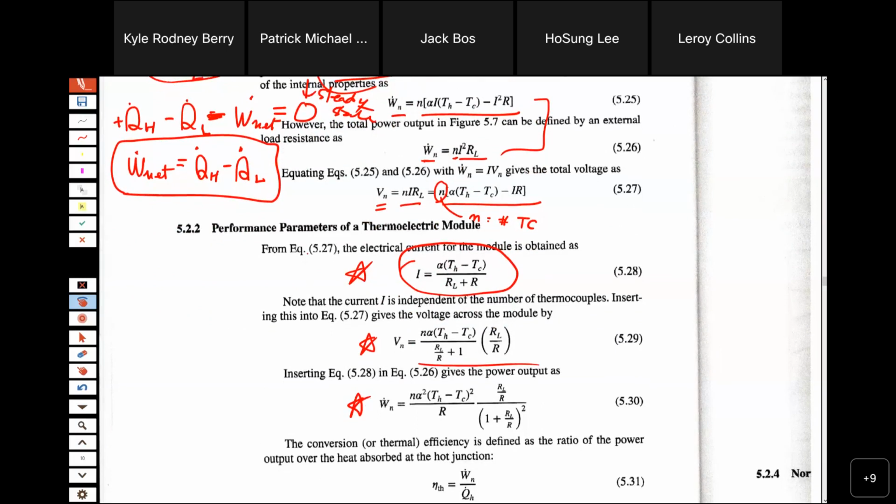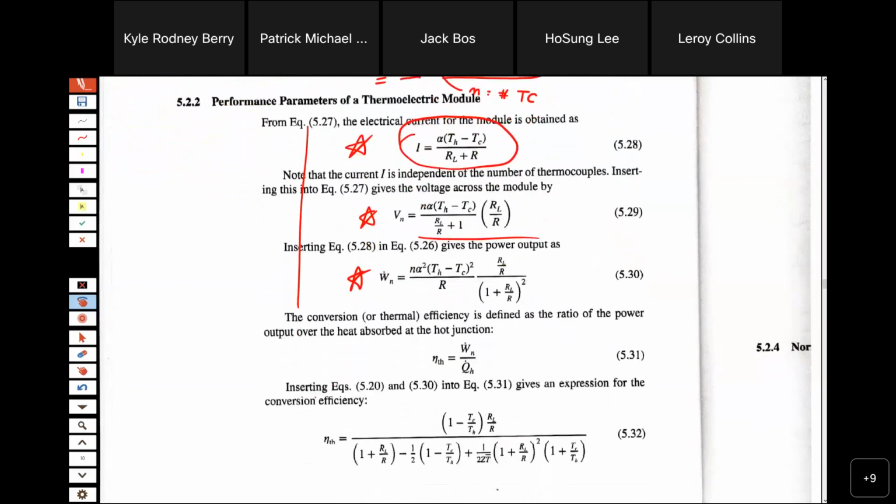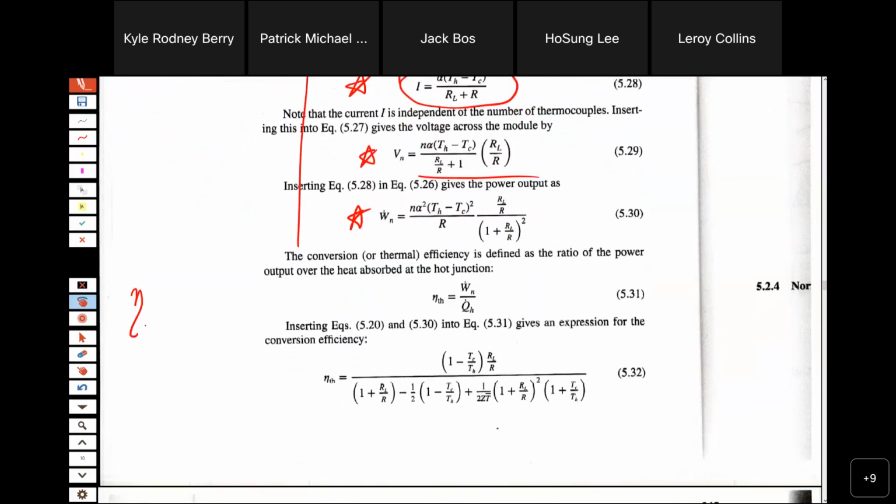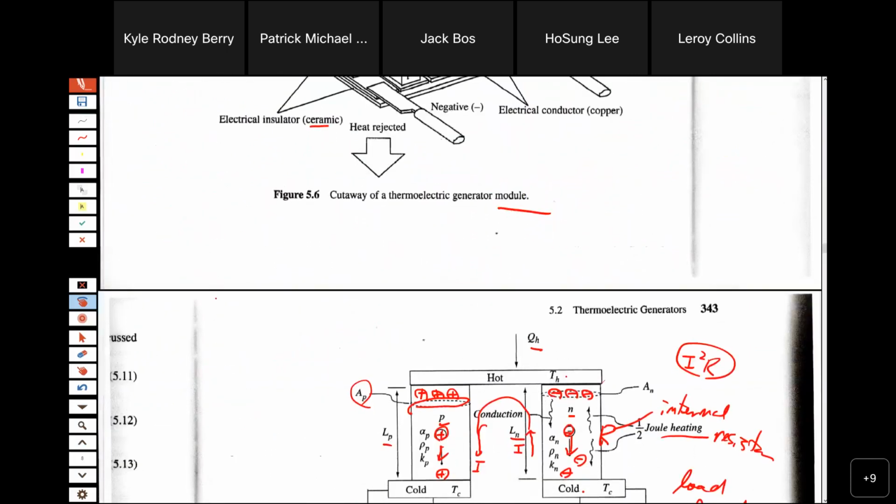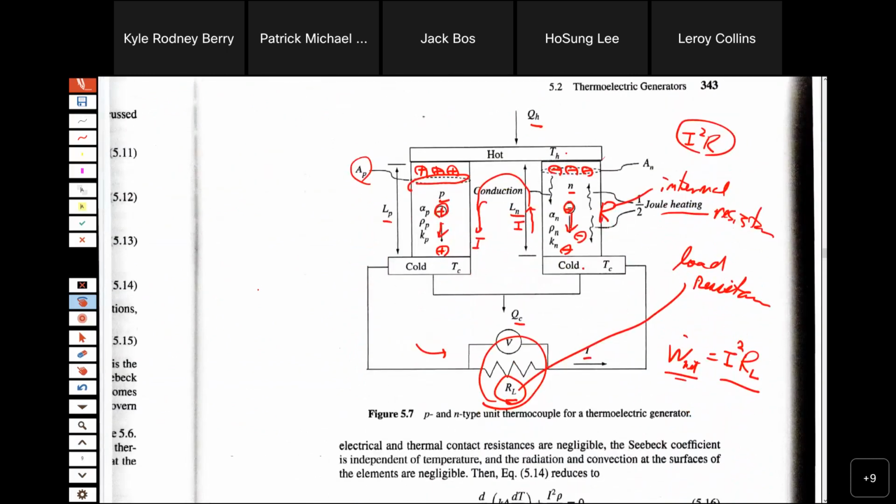This is ideal again. And efficiency, thermal efficiency, what would be the thermal efficiency over here? There is a QH, there's a QC, and net power, and efficiency is usually output over input.